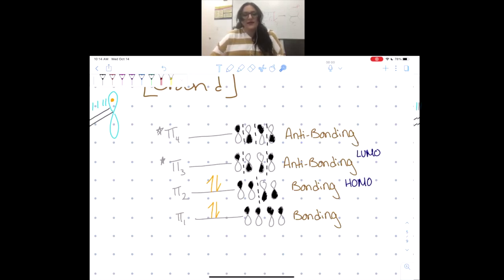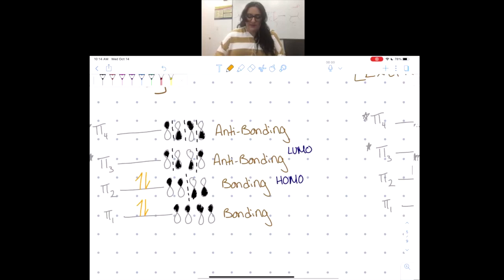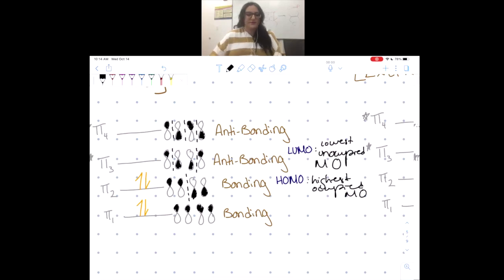The last thing we have to fill in is the HOMO and LUMO, and I've written out that word on the side, but let's just define it. So LUMO is the lowest unoccupied molecular orbital, and the HOMO is the highest occupied molecular orbital.